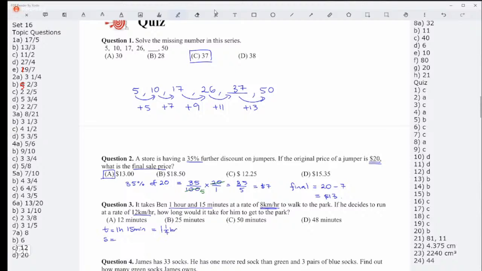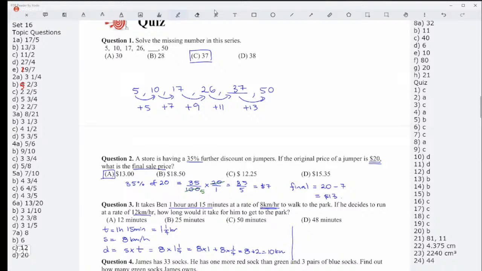His speed is equal to 8 kilometers per hour. So that means his distance must be speed times time. So 8 times 1.25. So what we can do first is 8 times 1 plus that with 8 times 1/4, giving you 8 plus 2, making it 10 kilometers.